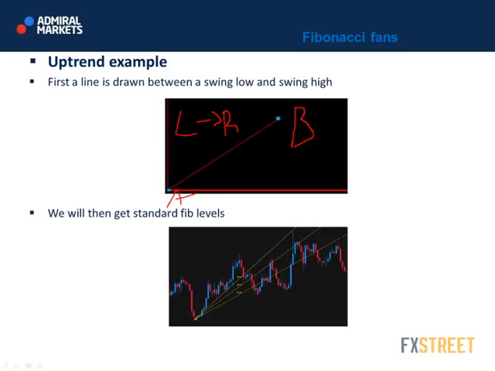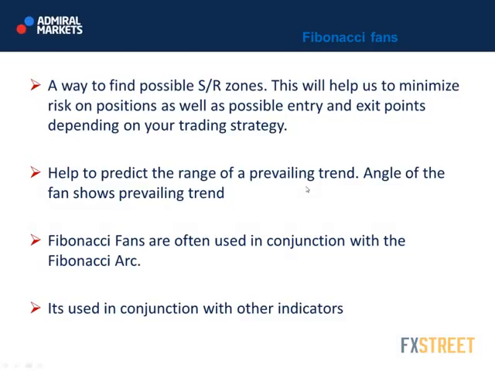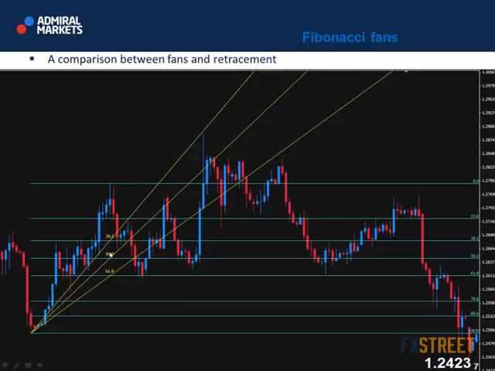So, once you plot point A with point B, MetaTrader 4 platform will plot you these levels: 38.2, 50, 61.8. You can of course add additional levels, but you're not obliged to because you have confluence perfectly shown on the chart. Okay, you will see at this slide how you can make a confluence with Fibonacci retracements.